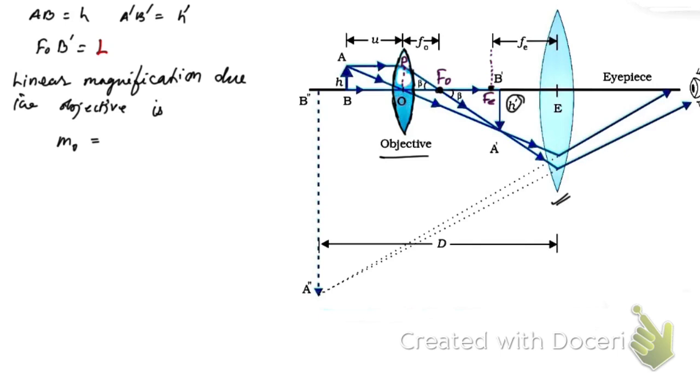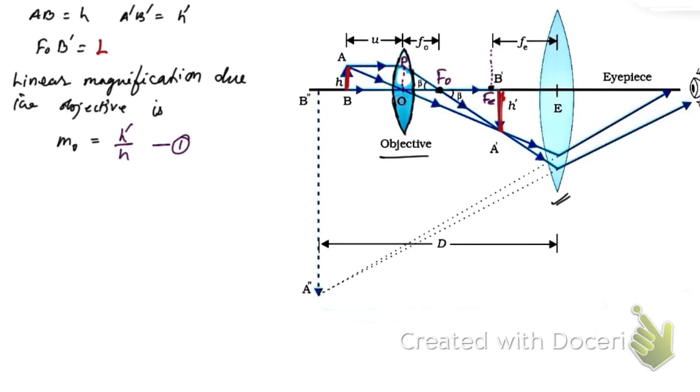This is the size of the image h', and this is the size of the object h. So size of the image divided by size of the object, we can write h' by h. This is, suppose, equation number 1.